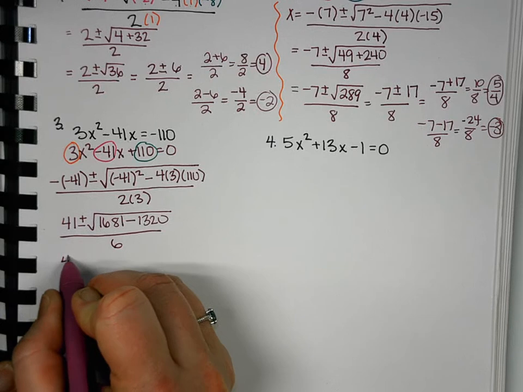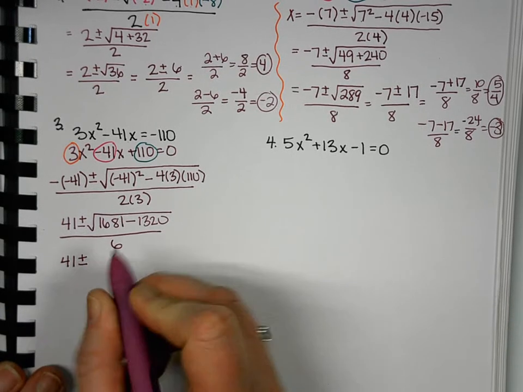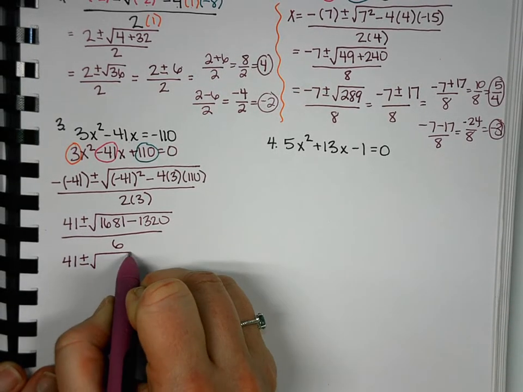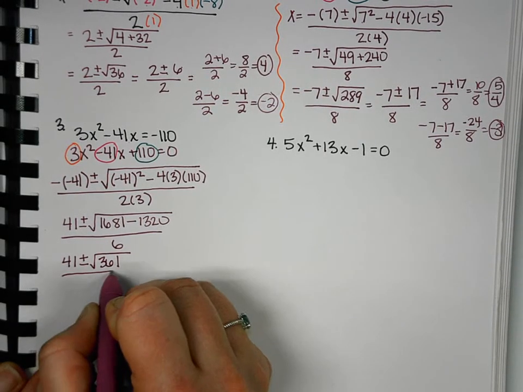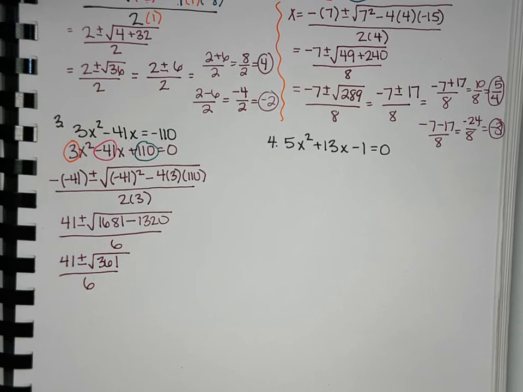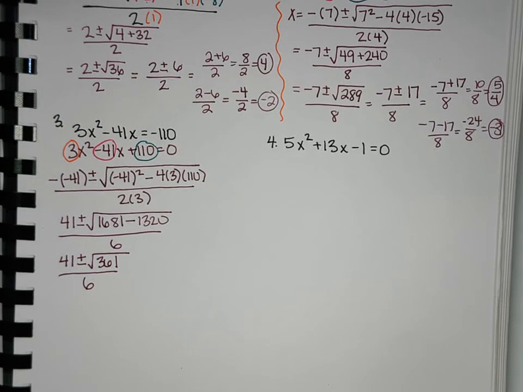So we get 41 plus or minus the square root of 361 all over 6. Okay, can we break down 361 at all?